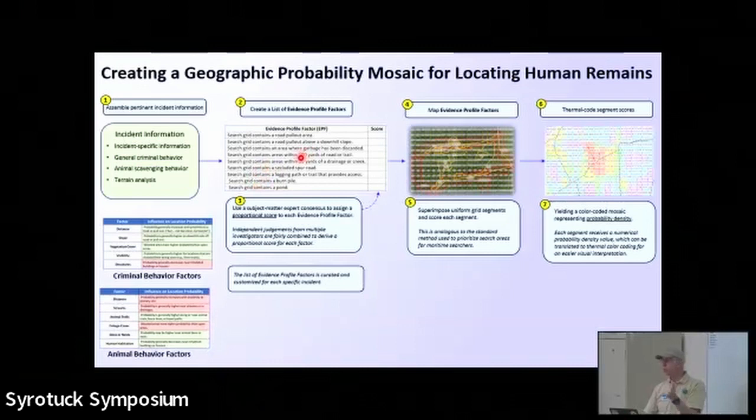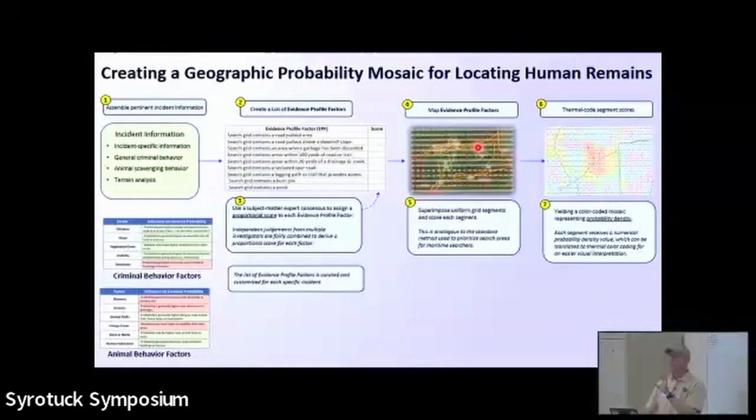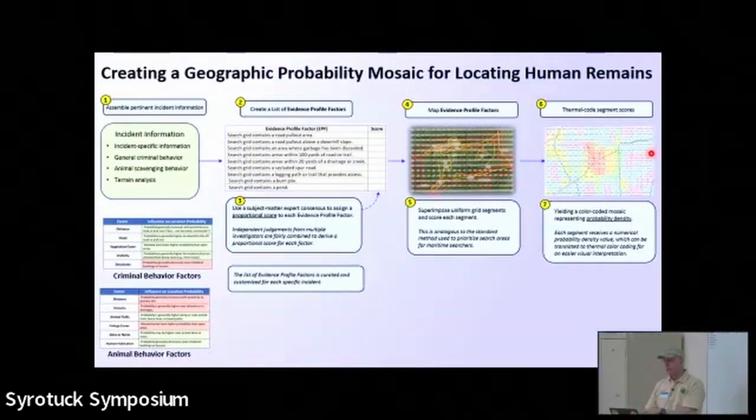We use a proportional consensus process to assign a relative value to each one of those. We map each evidence profile factor on our map and overlay a uniform grid. And then with a manual scoring process, which could eventually be automated, I think, for each grid we distribute probability of area across the grid. And that can be represented, as we've seen, as a thermal mosaic.